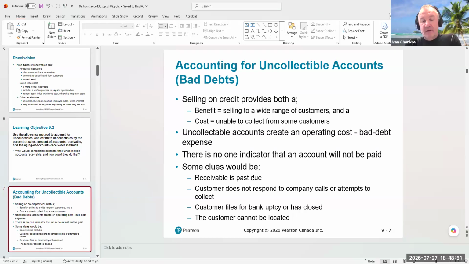Before we go any further, I have to make sure that you understand something. In accounting, we are conservative. One of the principles of accounting is conservatism. What does that mean?